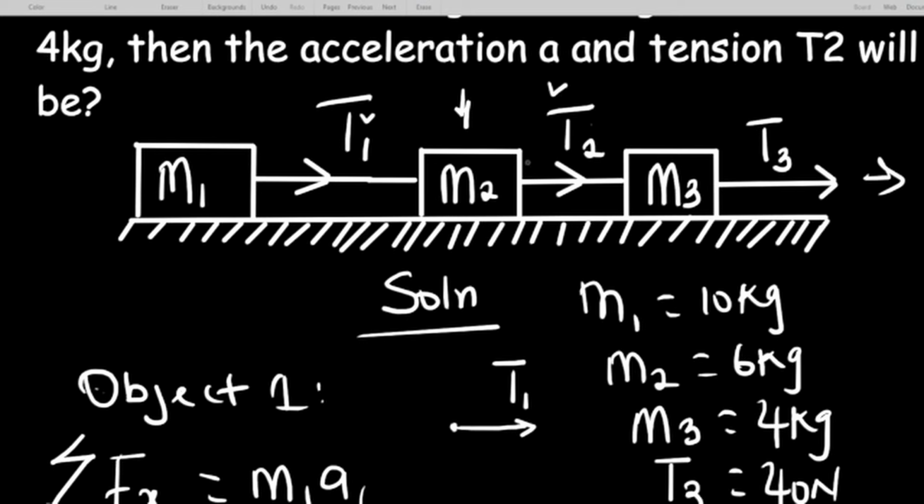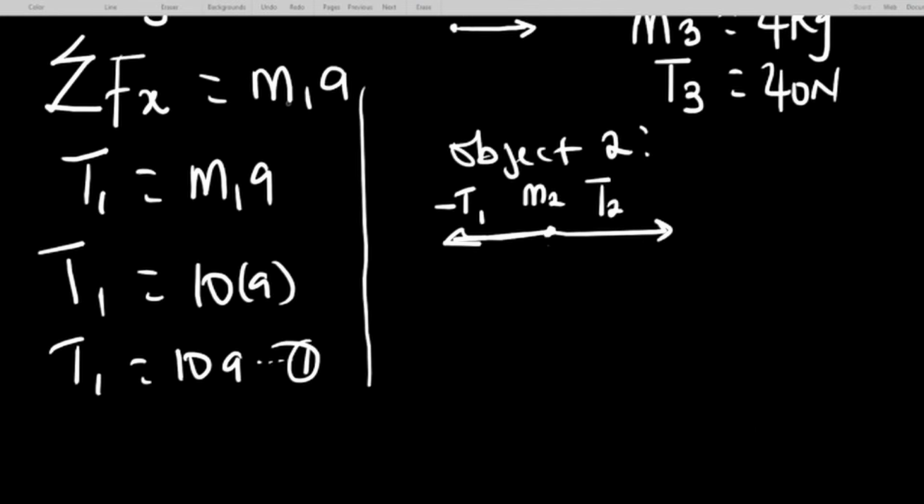Consider the direction of motion. All the forces in the direction of motion are considered positive, while the ones that are opposing the motion are considered negative. So this T1 here is kind of trying to pull it backwards in this very case. Okay, so that is what it's actually doing. Don't forget to analyze them very correctly.